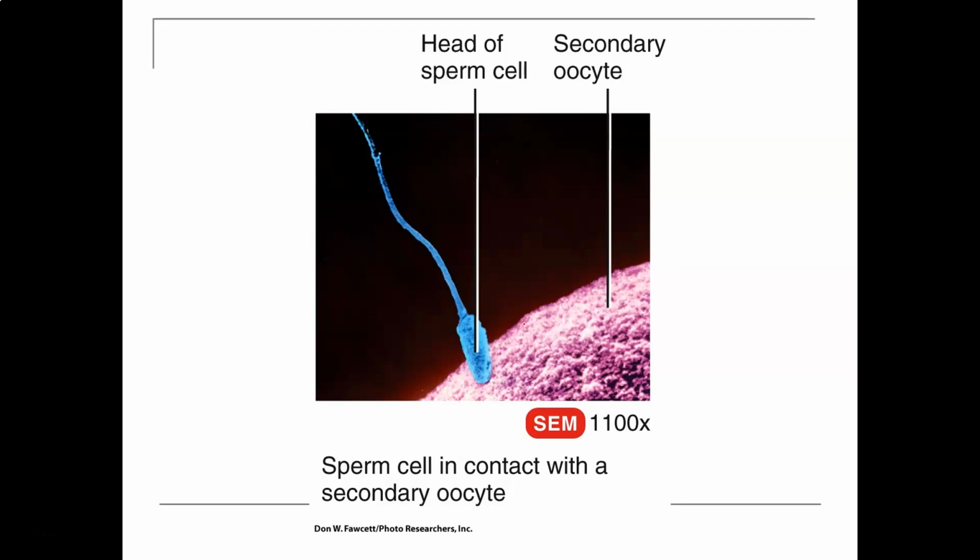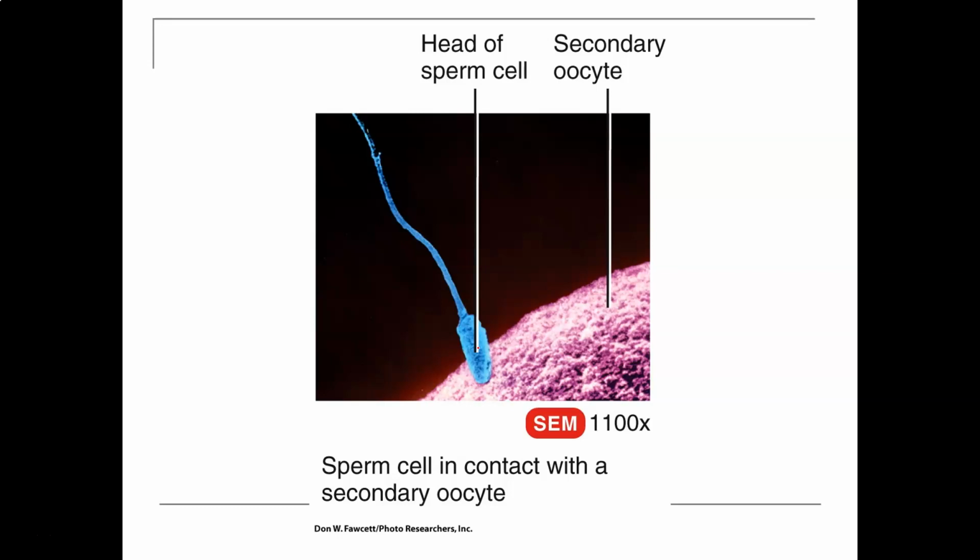So the egg's got 24 hours. Sperm, once they're introduced into the female reproductive system, are viable, meaning they can fertilize an egg, for about 3 days. Okay, and that's an average. It's not precise, but about 3 days they can survive and be viable in the female reproductive tract.